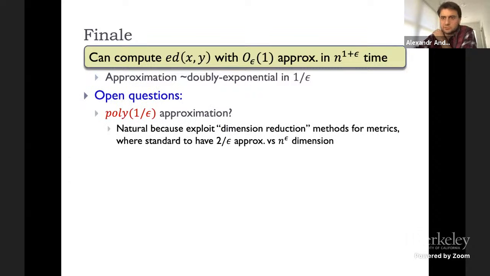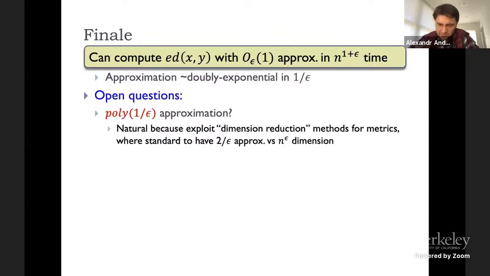So obviously, the first natural open question is to get a reasonable dependence on 1 over epsilon. For example, a polynomial in 1 over epsilon approximation feels like a very natural goal. This would be a doubly exponential improvement over the approximation that we have.